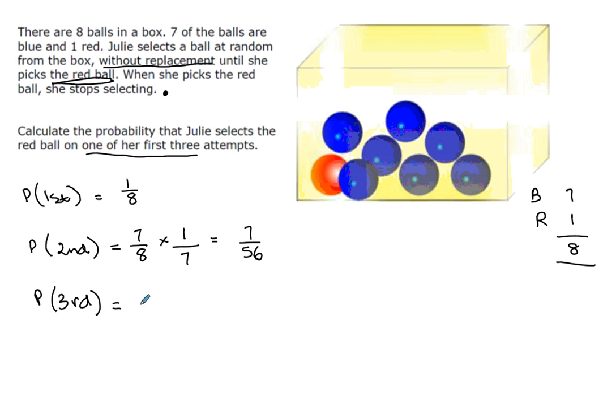The probability she picks it on the third attempt is she picks a blue first, so you've got 7/8. Then she picks another blue, so she's only got 6 out of 7, and then multiplied by the 1 red, but she's only got 6 there. I'm not going to calculate that.